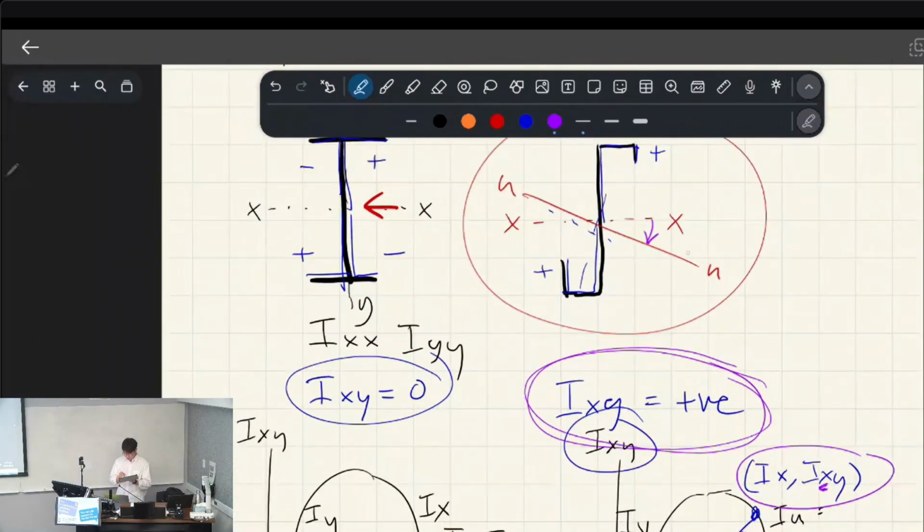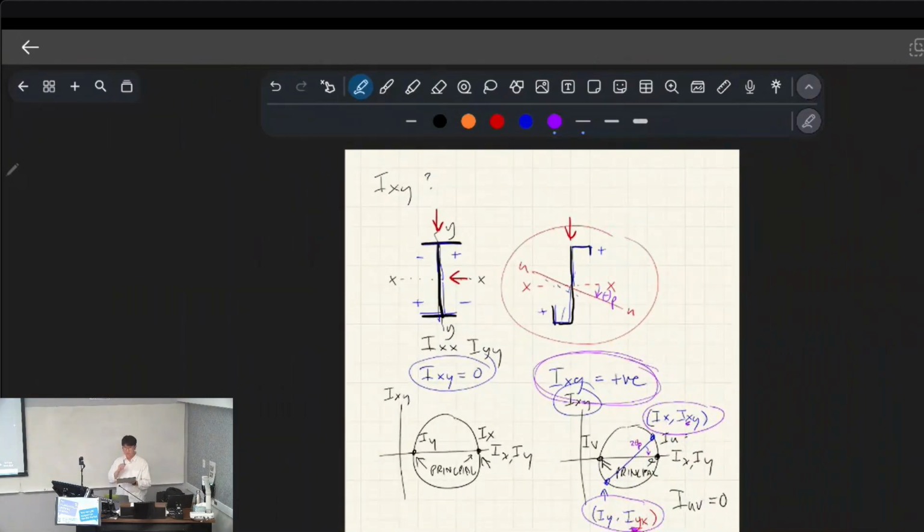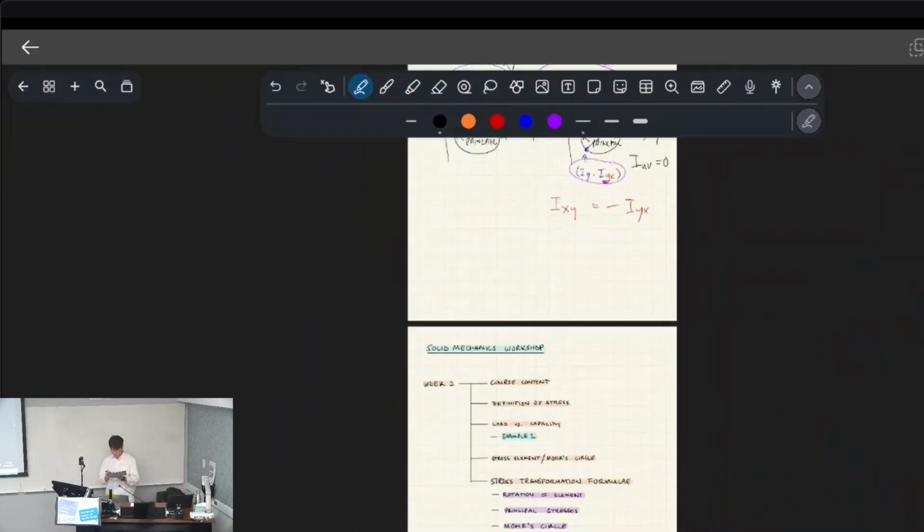If that's theta p, that's 2 theta p on the Mohr circle to get there. That's a bit of a recap from last time, and also some things that I didn't fully explain.